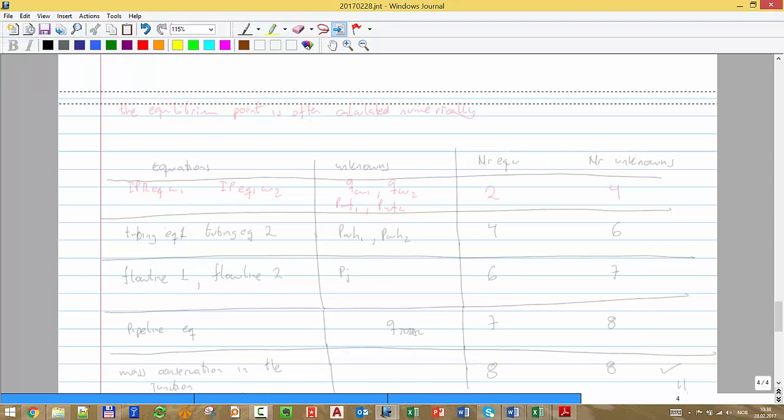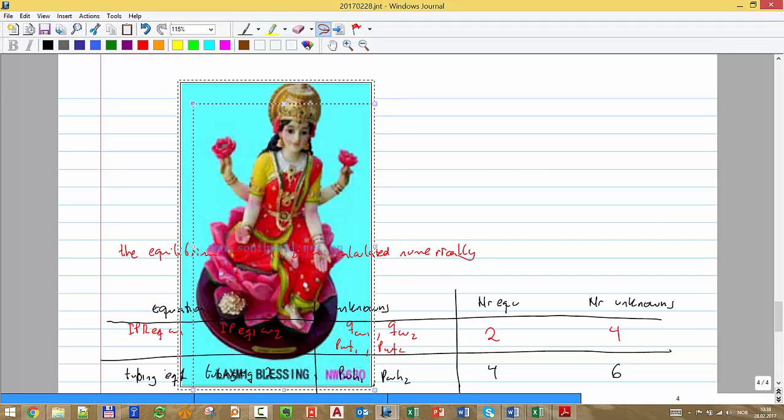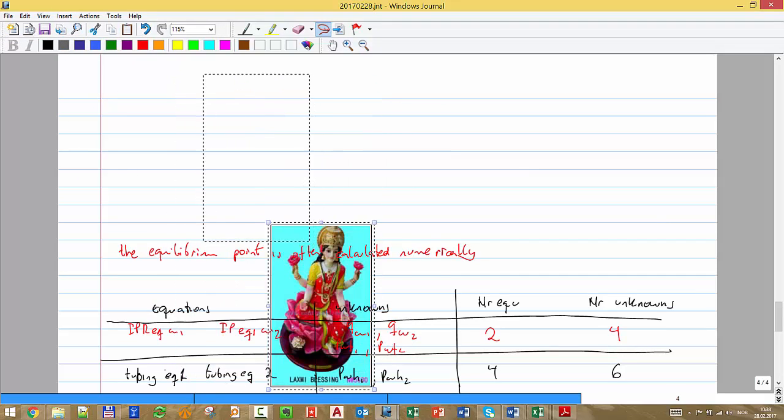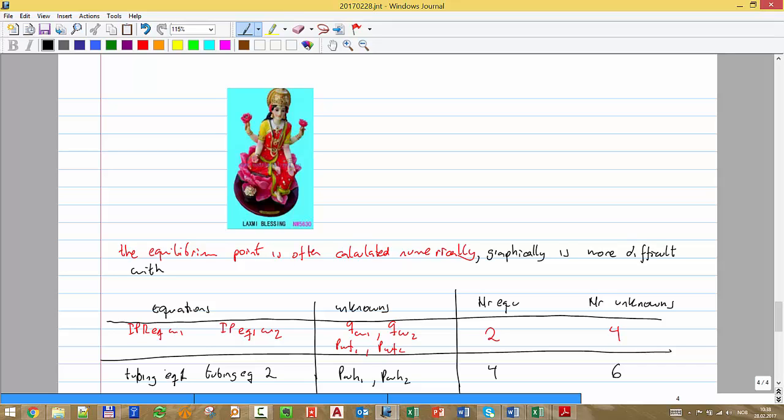So let's put it here. We say graphically is more difficult with increasing number of junctions.